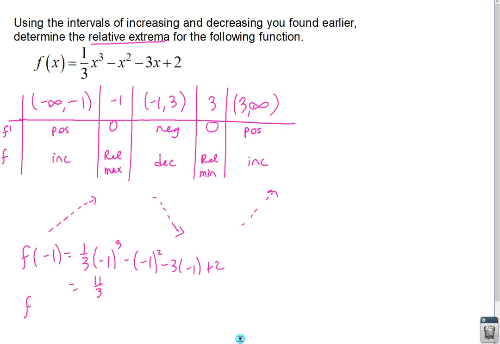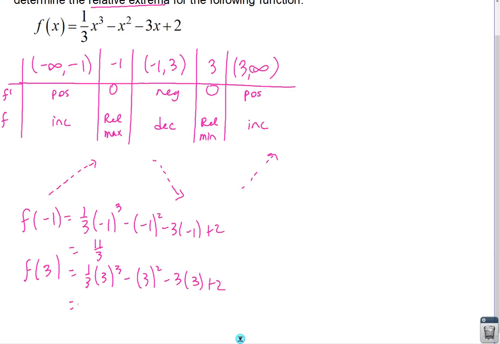And then f of 3 is going to be 1/3 times 3 cubed minus 3 squared minus 3 times 3 plus 2. And that is going to be -7.